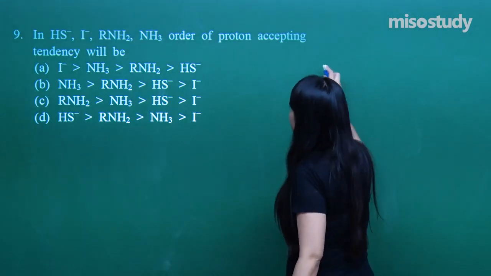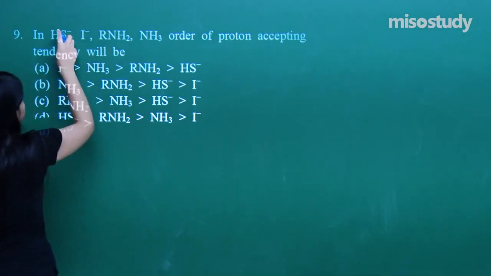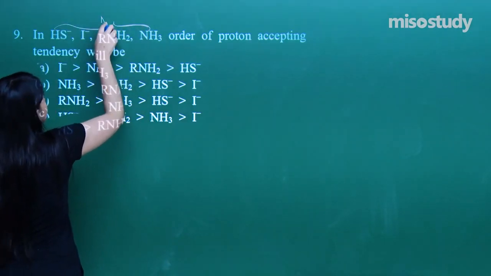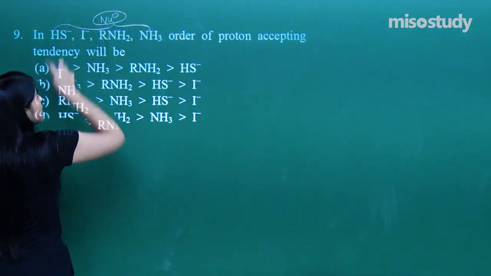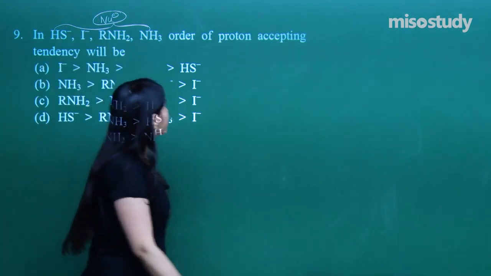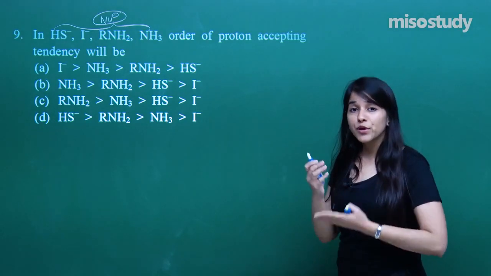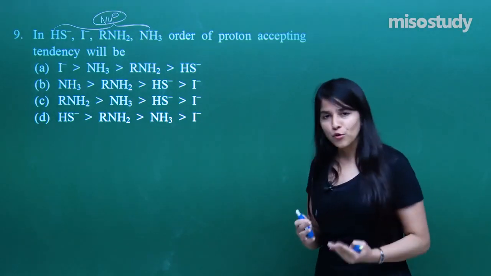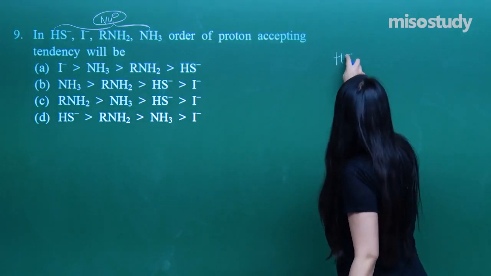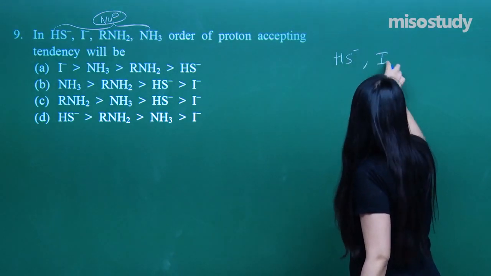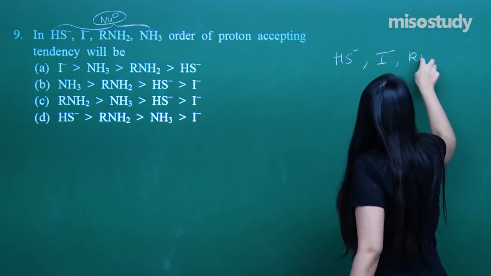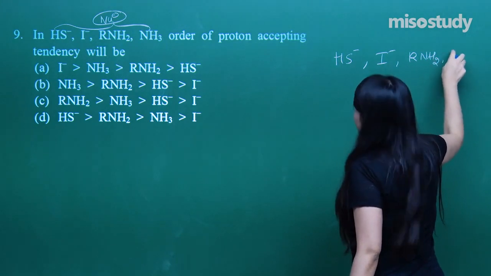So these are nothing but the nucleophiles which are given here in this case. And what we need to find out is which is going to accept the proton more easily. So I have got HS negative, I negative, RNH2 and NH3.